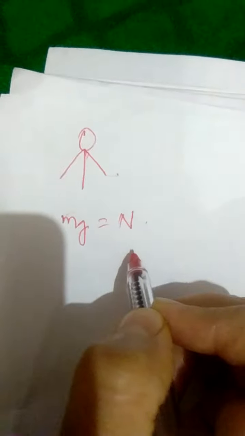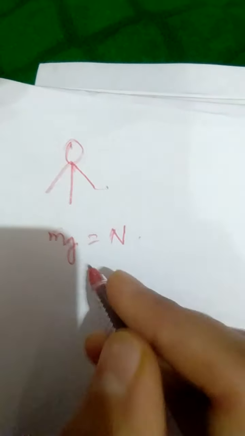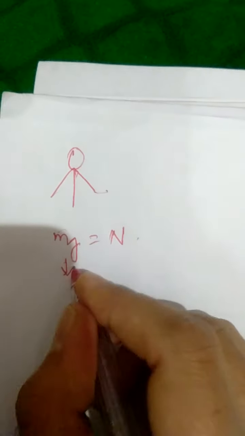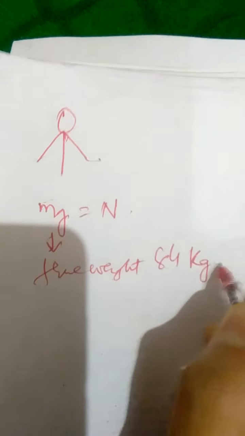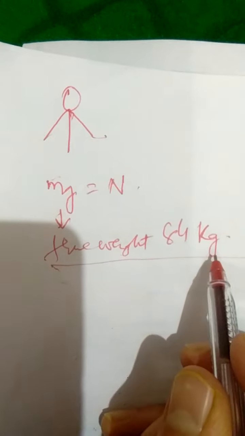When the person in the lift is at rest, obviously its weight mg will be balanced by the reactionary force. The spring balance or the weighing machine will show its true weight only. Suppose the man weighs 84 kgs, for example. So this is the true weight or the apparent weight at the time of rest.